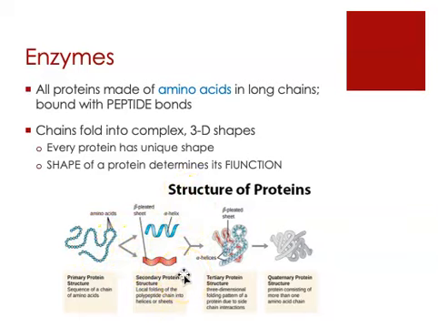It folds up into structures called alpha helices and beta pleated sheets. And then those alpha helices and beta pleated sheets start folding up and interacting with each other until ultimately we have this very complex three-dimensional folded protein.